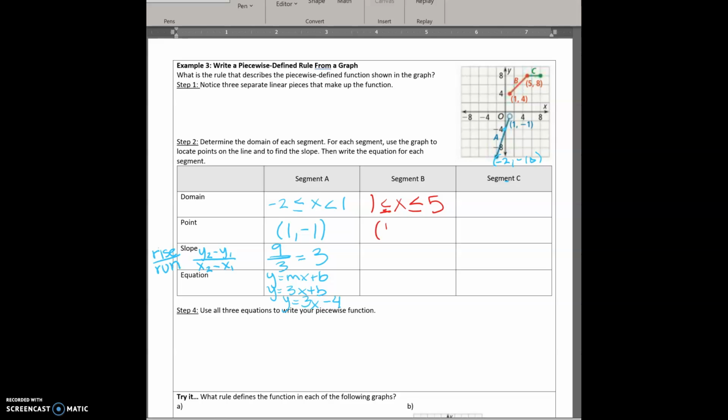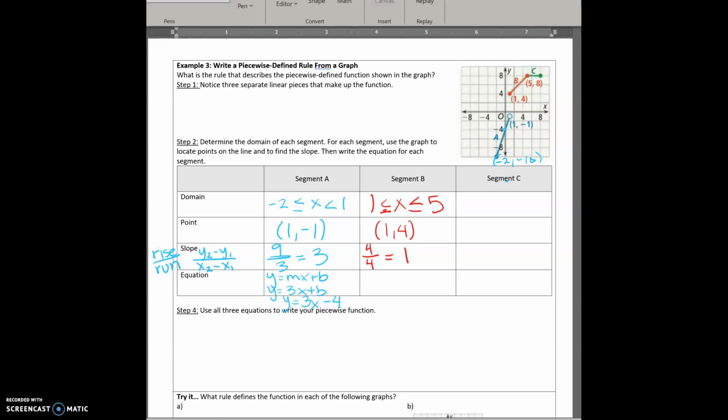I'm going to pick 1, 4 just because they're smaller numbers and we like smaller, easier math. How much does it rise? From 4 to 8, so it rises 4. And it runs from 1 to 5, so that's also 4. So our slope is 1.